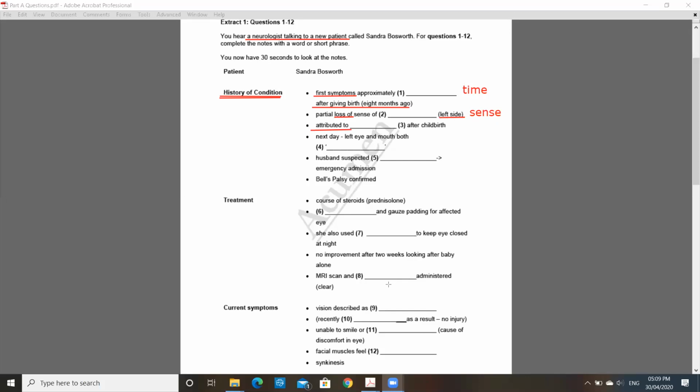Attributed means assumption? No, that's slightly different in meaning. Attributed to? Yeah, regarding something, or a more appropriate word would be caused by.